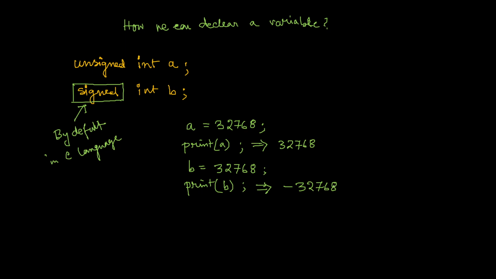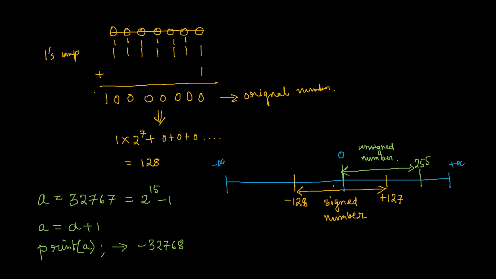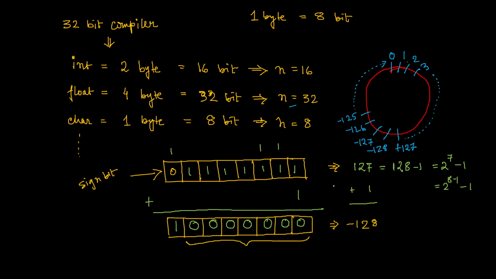So this is a very interesting and very conceptual realization of the data type and its range. So I hope the understanding of the range is clear to all of you, because the knowledge of this range will be required throughout programming for storing data.